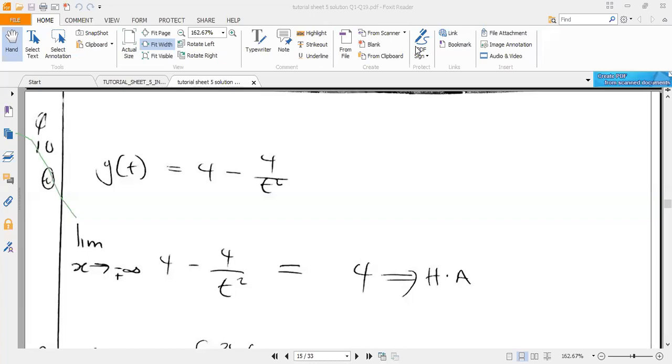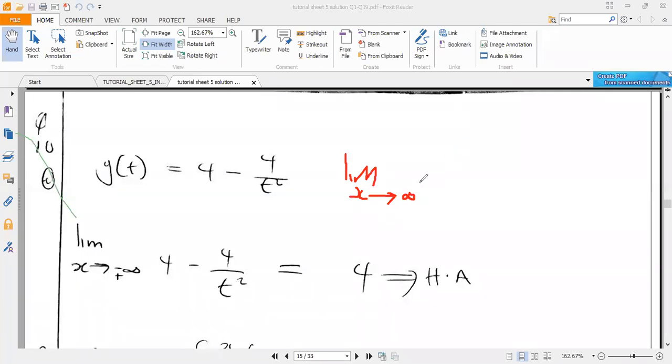Let's do this. You're able to see, right? So the limit as x approaches, we can just use, let's say, positive infinity, right? Because regardless, we've got x squared there.